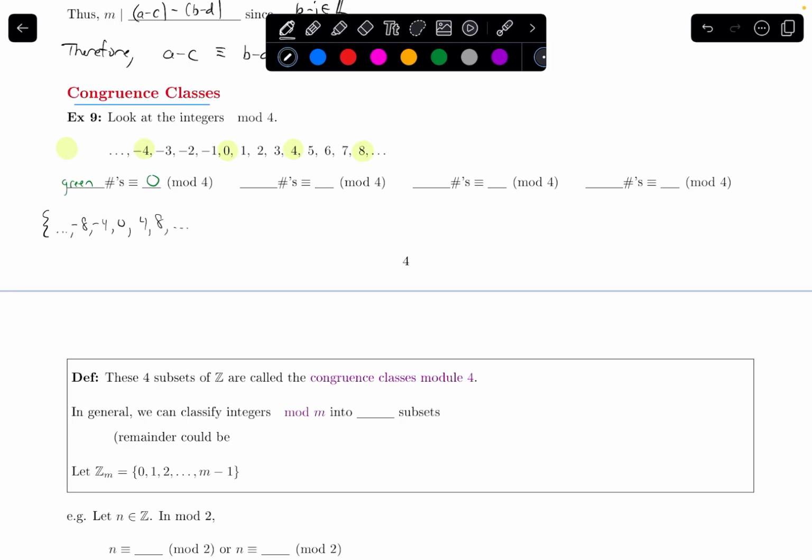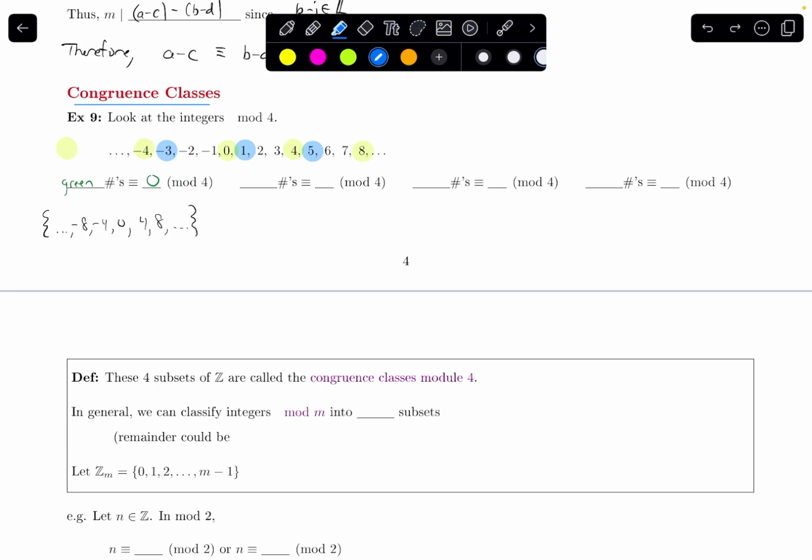They keep going. Well, we also have integers that have a remainder of 1 when you divide them by 4, like 1 and 5. I would also have 9 if I went further down the road. If I went in the negative direction, I'd have -3. Notice to get from one to the other, I'm going over in increments of 4.